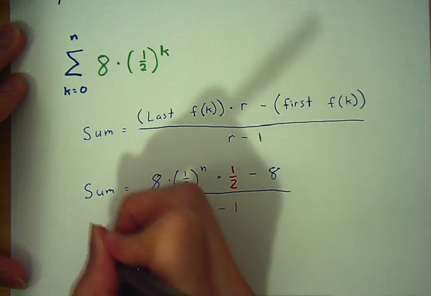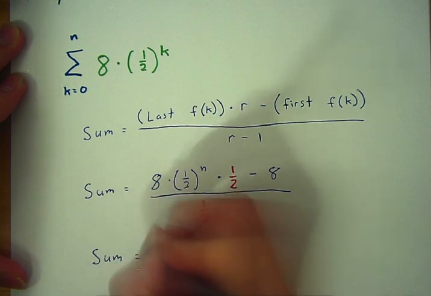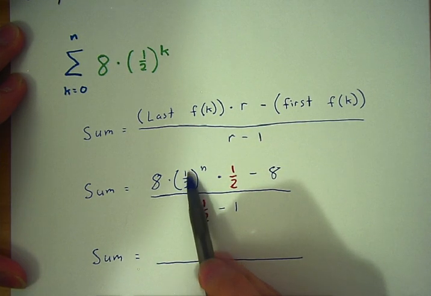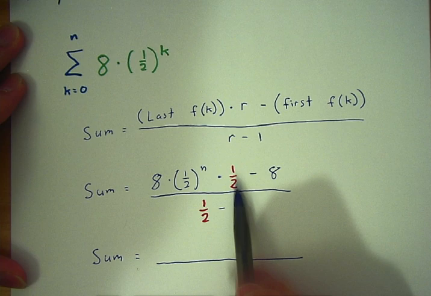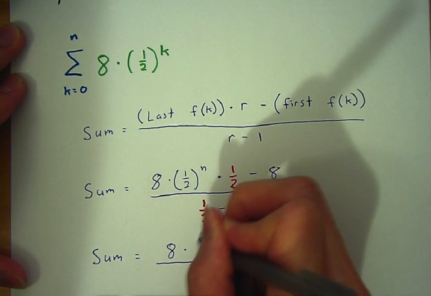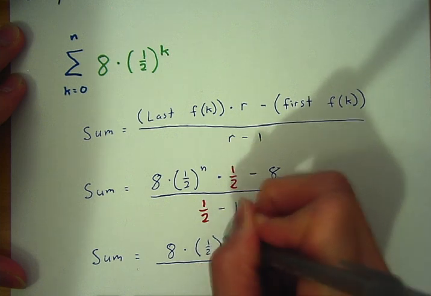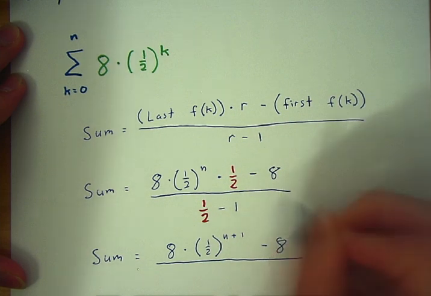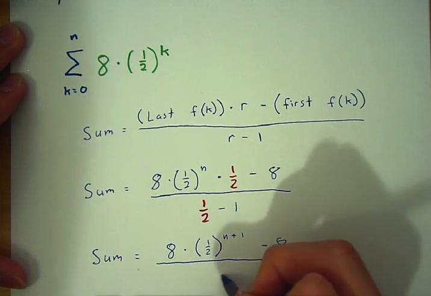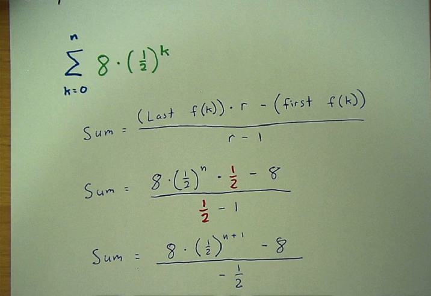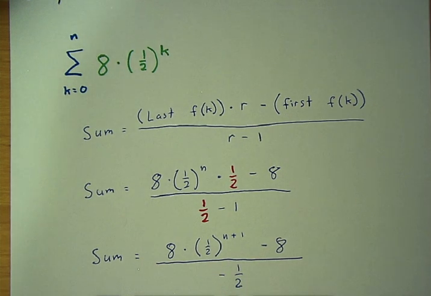So you have your sum is equal to, this is 1/2 to the n power times another 1/2. This would be 8 times 1/2 to the n plus 1 minus 8. 1/2 minus 1 is negative 1/2. That's just cleaning it up a little bit. You honestly don't need to do that.